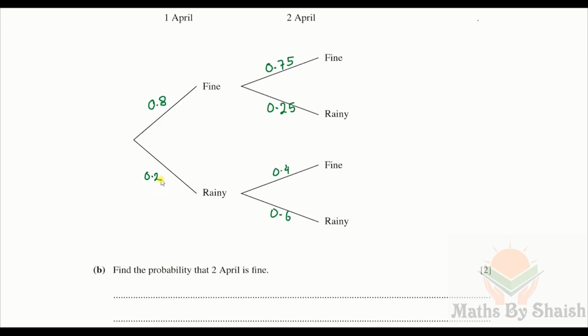Here's the B part. Find the probability that 2nd April is fine. So 2nd April is fine, we'll find from this branch and from this branch. So the required probability is going to be fine day and then again fine day, or rainy day and then it is fine day.